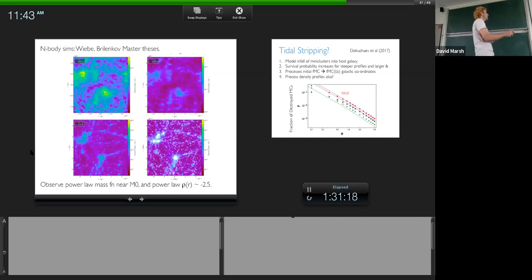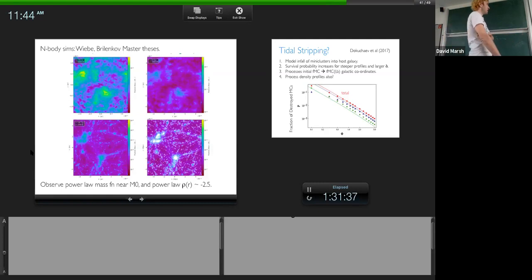So here is the n-body collapse from the kind of initial conditions we saw before into gravitationally bound objects. And these simulations find some mass function and some power law and a density profile a little bit steeper than that 9/4. And this is something we need to understand.